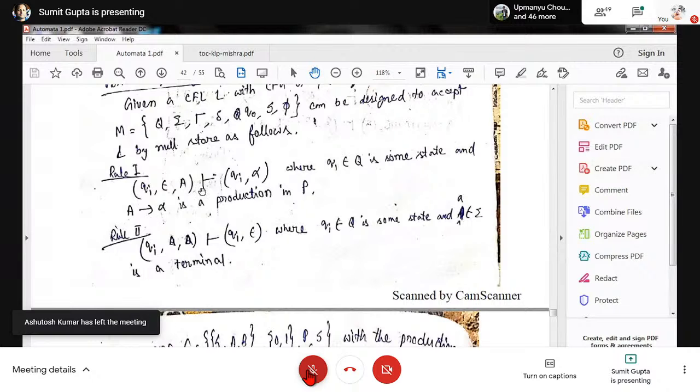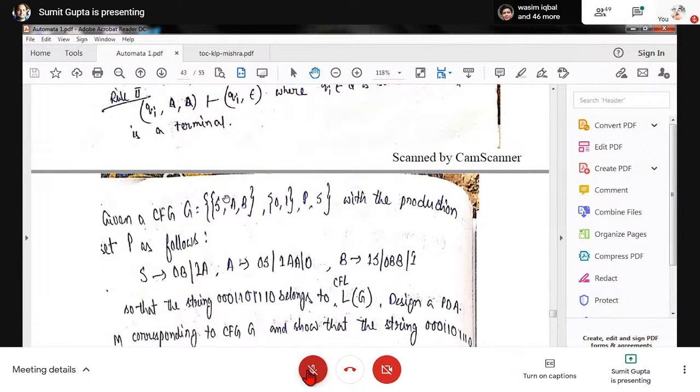So for these productions, we will be representing using these sorts of transition functions, where this left hand side variable would be the part of the stack, and the alpha which is on the right side will be the part of the stack after the transition is complete.